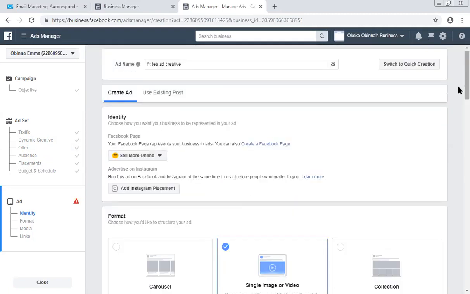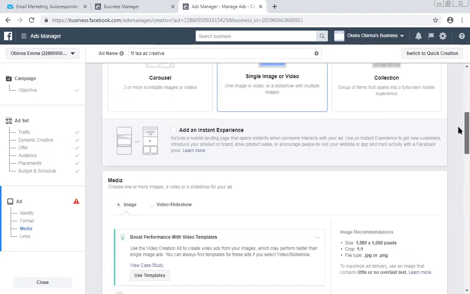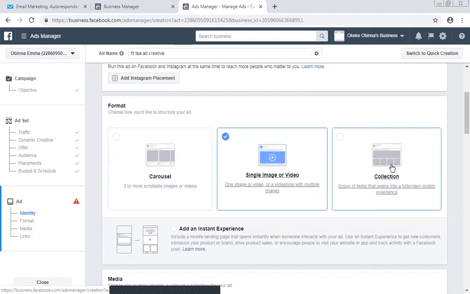So you come down here, format. Under format, all you have to do is decide, do you want to use a carousel? You want to use single image or video, a collection? Carousel is, you see some adverts, you see images that scroll by the side. So here, if you're using a carousel, you can upload up to 3 to 5 images.